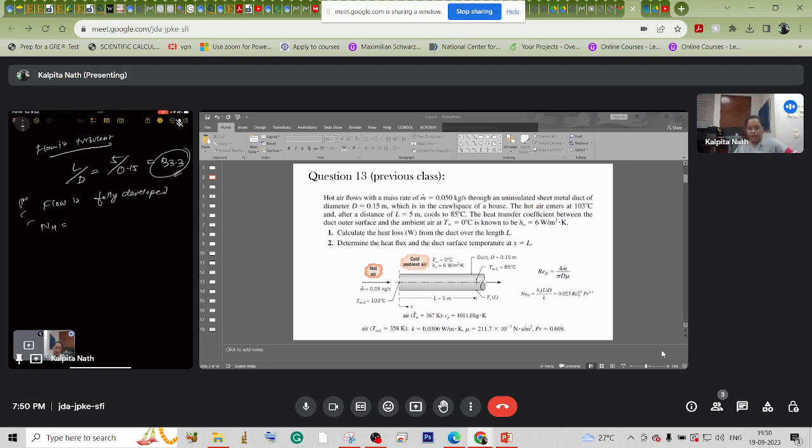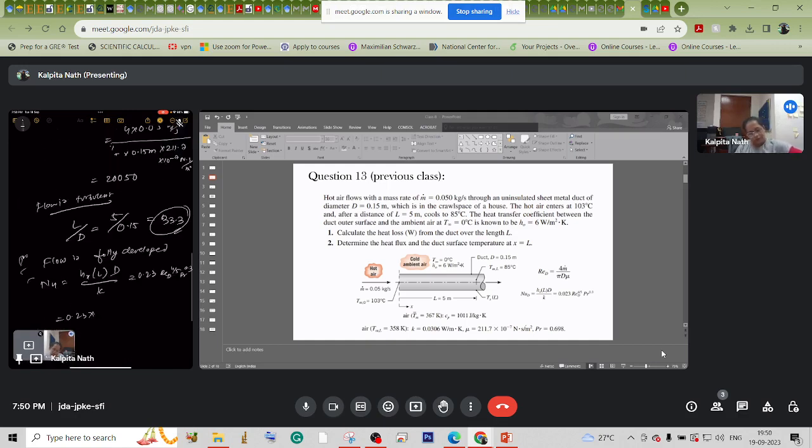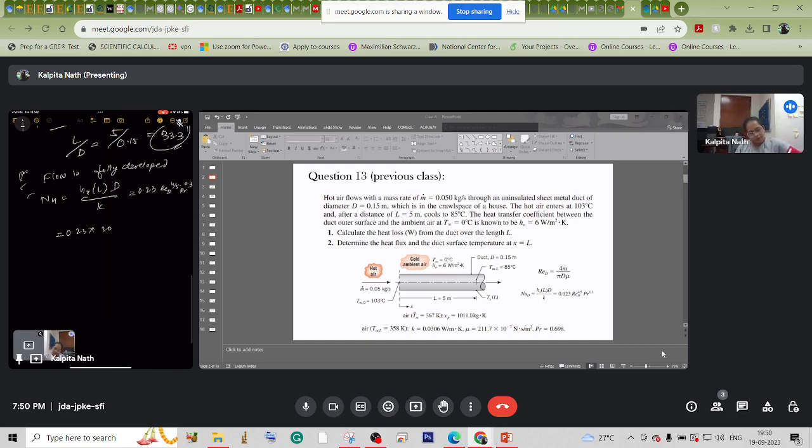Now we'll calculate the Nusselt number, which is given in the equation: h_x L by K equals 0.23 Reynolds number to the power 4 by 5, Prandtl number to the power 0.3. Reynolds number came out to be 20050, so this is 20050 to the power 4 by 5.